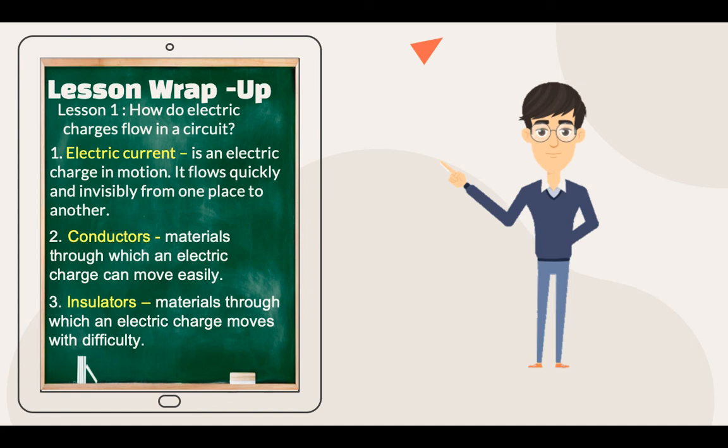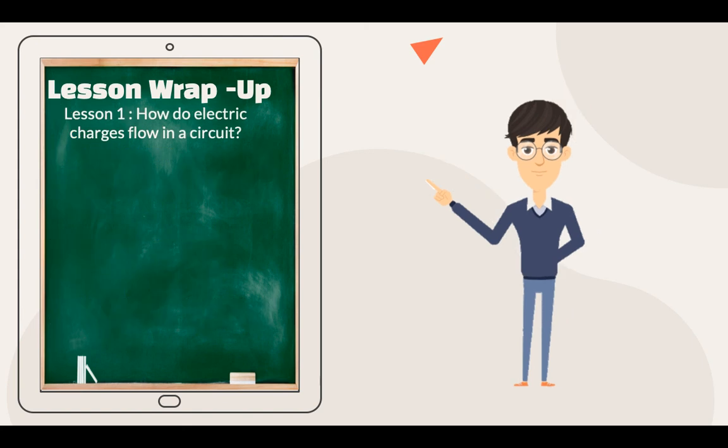And third, we talked about insulators. These are materials through which an electric charge moves with difficulty. In addition, we also learned about circuit, and we defined it as a complete loop where electricity can flow.